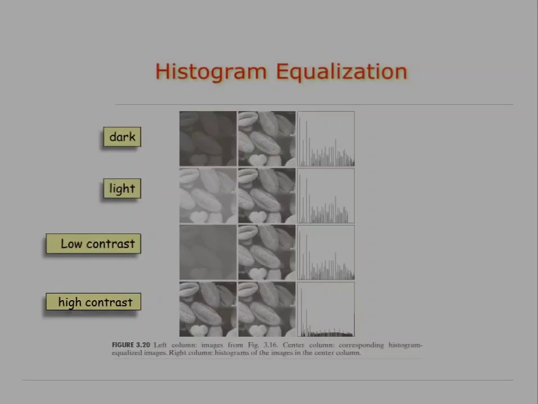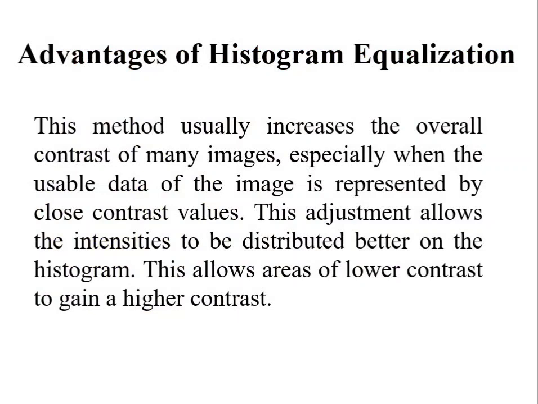The third column in the figure shows the histograms of the equalized images. It is of interest to note that while all these histograms are different, the histogram equalized images themselves are visually very similar. This is not unexpected because the basic difference between the images in the left column is one of contrast, not content.